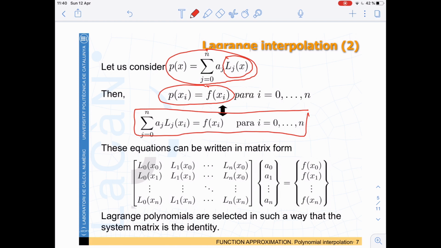So what we see is that the matrix contains the Lagrange polynomials evaluated at the basis points. Well, now Lagrange polynomials are defined in such a way that the system matrix is the identity.